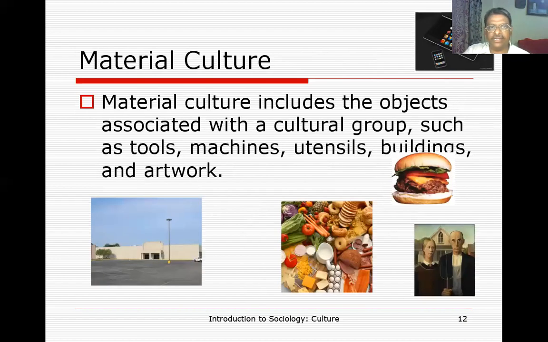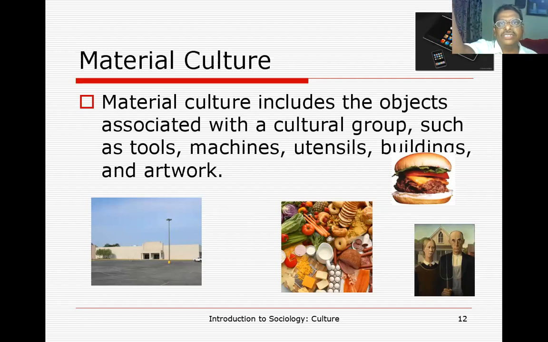Particularly material culture includes the objects associated with a cultural group, such as tools, machines, utensils, buildings, and artwork. You know, even the utensils that we use help the individuals to understand our culture.